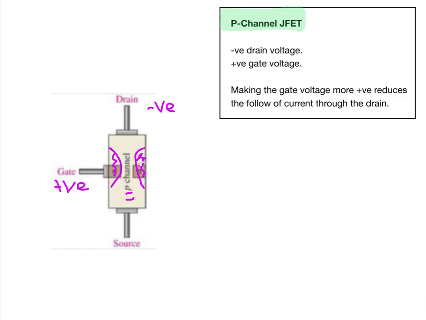They're doped in, and they're connected together and then brought out to the gate. Okay, so if we were to do a schematic diagram of that, it would look something like this.